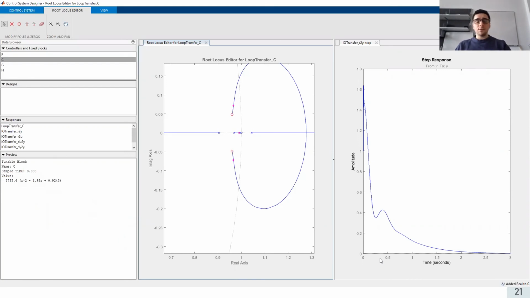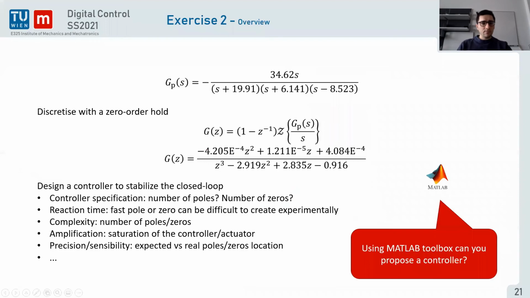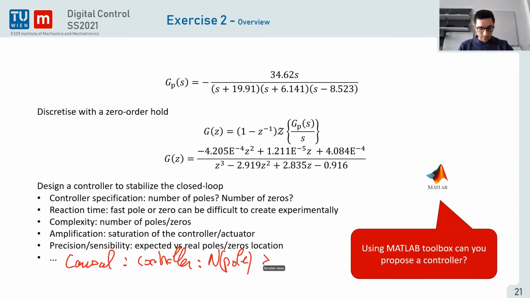So when you're adding zeros and poles, it's not in the PowerPoint, is it? I don't remember. But one thing is it has to be causal. That means that for the controller, the number of poles should be bigger or equal than the number of zeros.